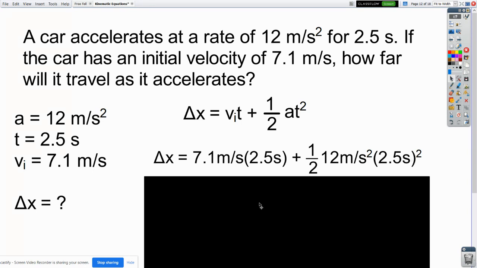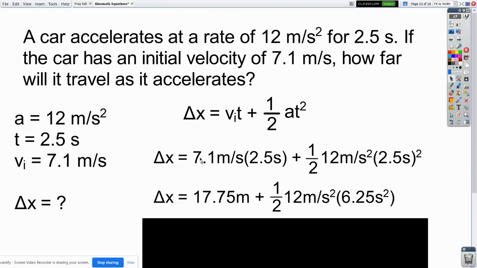Now I'm going to simplify. 7.1 times 2.5 is 17.75. Meters per second times seconds would simplify down to meters because the seconds would cancel. 1/2, 12. 2.5 squared is 6.25 seconds squared.